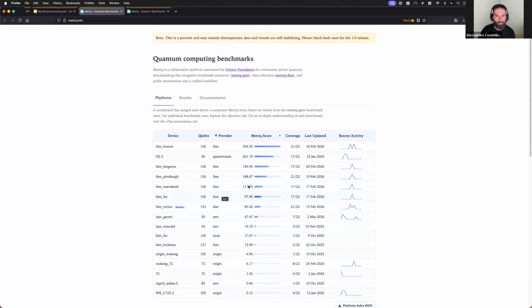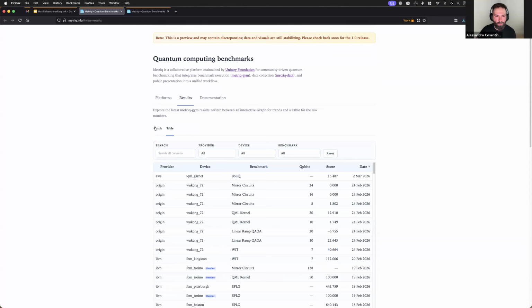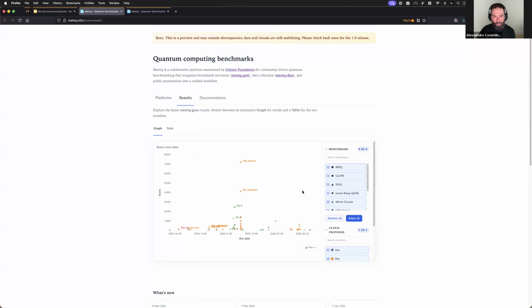We aggregate them by device or by benchmarks, and we normalize them because each of the protocols may have different units of measure. So we normalize them, we aggregate them, we show them in a leaderboard. You can see the single results, and you can see something like those Epoch AI graphs, how the field is evolving or how each device is improving over time.